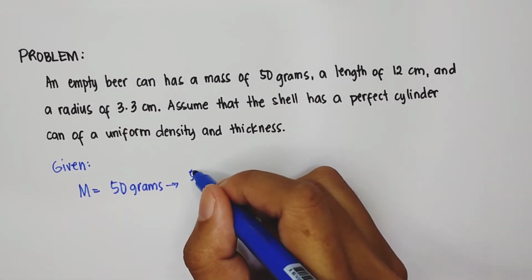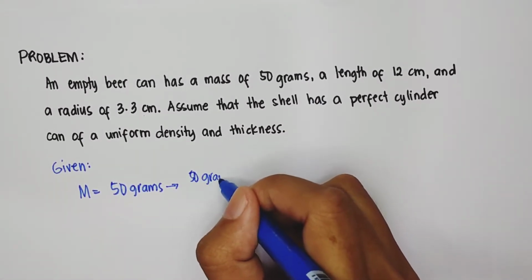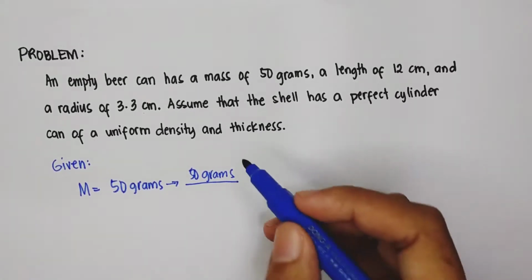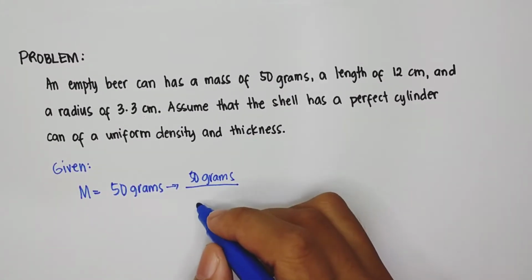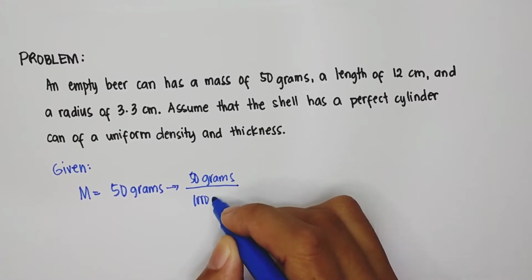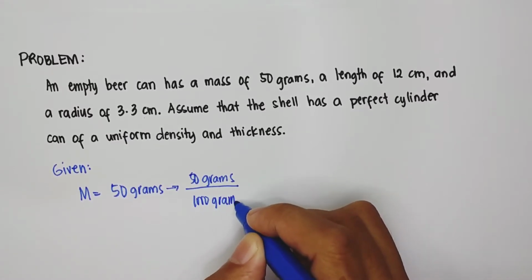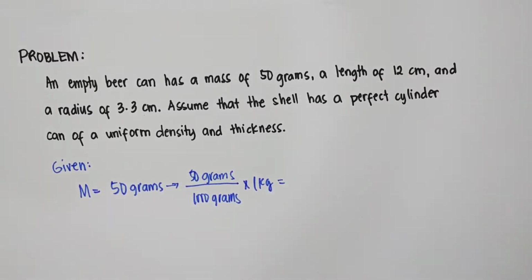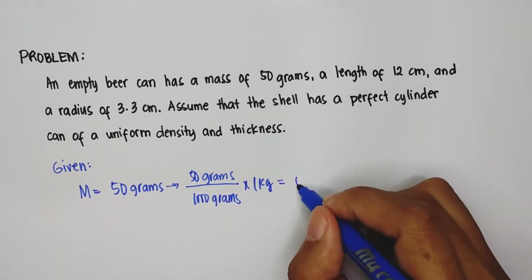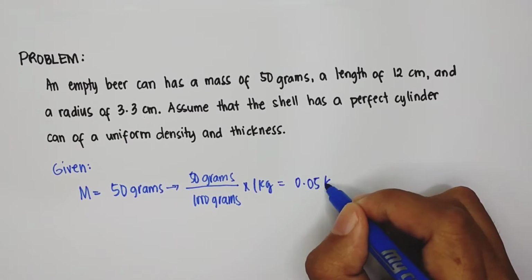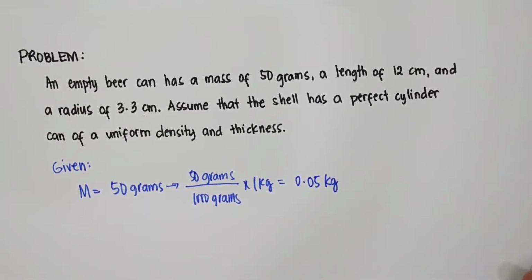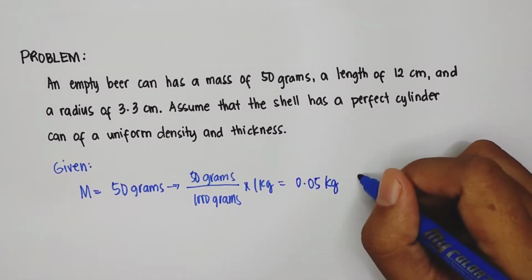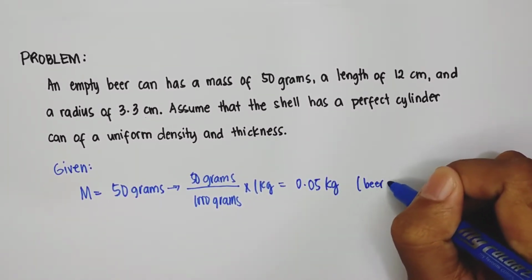That will be 50 grams divided by 1,000 grams times 1 kilogram, which is equal to 0.05 kilogram. So that is the mass of our beer can.